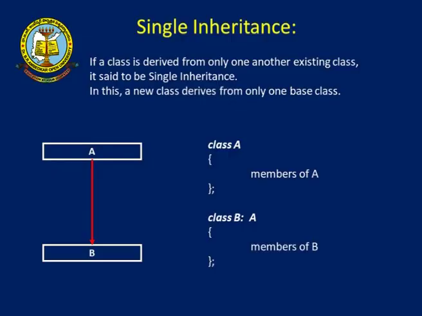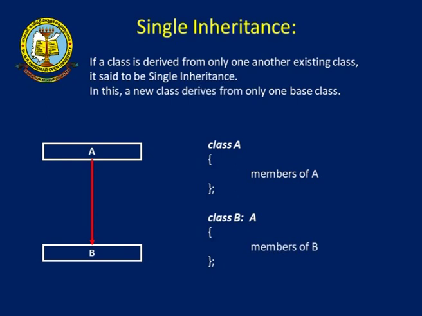The first category is single inheritance. In single inheritance, a new class is derived from only one other existing class. That means there will be only one base class for one derived class. So, when one child is derived from only one parent, that is said to be single inheritance.